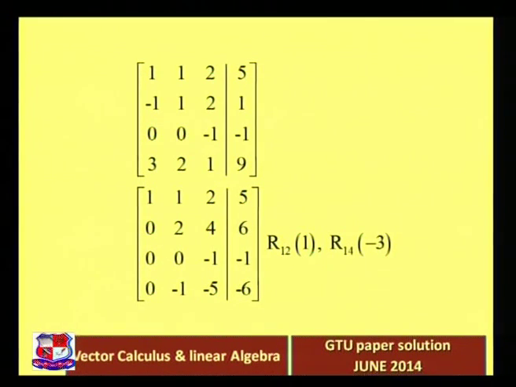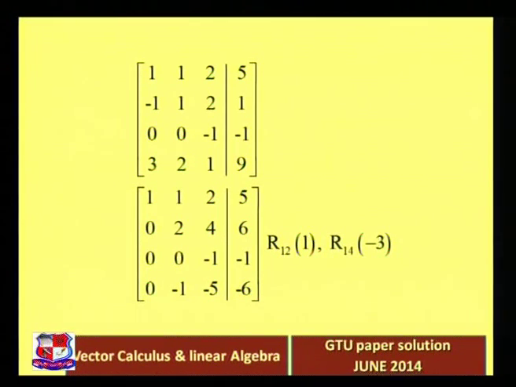Now what is the meaning of leading entry, or sometimes we call it pivot? It is a non-zero element. We go from left to right, and the first non-zero element in any row is the leading entry of that row, and below that leading entry in that column all the elements should be 0. That is the second condition.